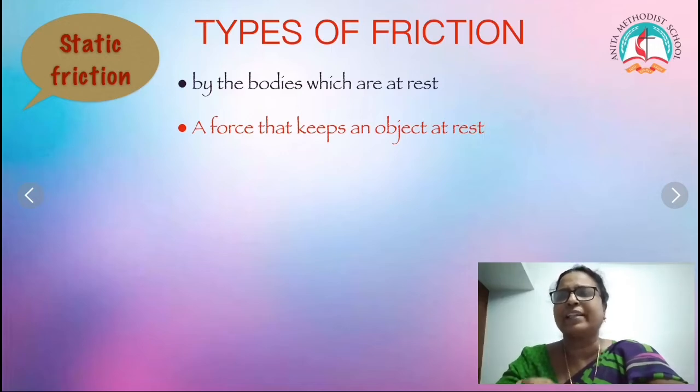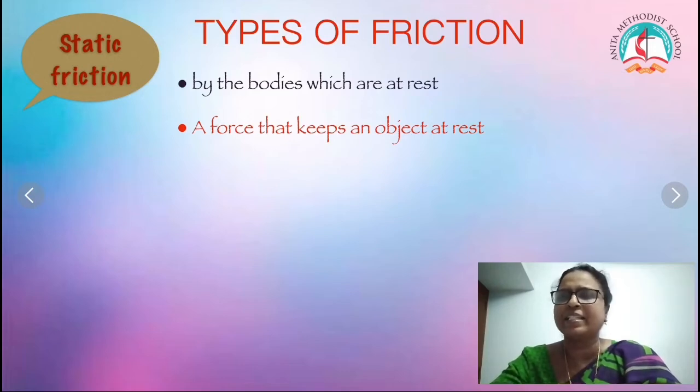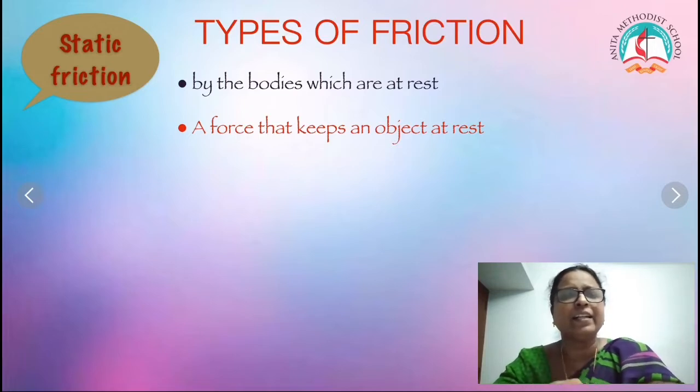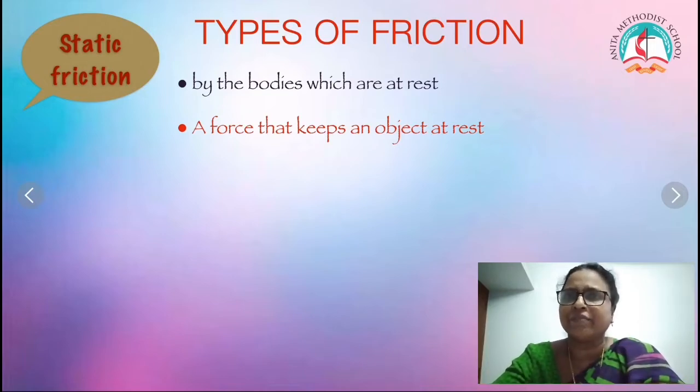It is a force that keeps an object at rest. So we can see some examples. All the objects rigidly placed at rest on the earth are an example of static friction.